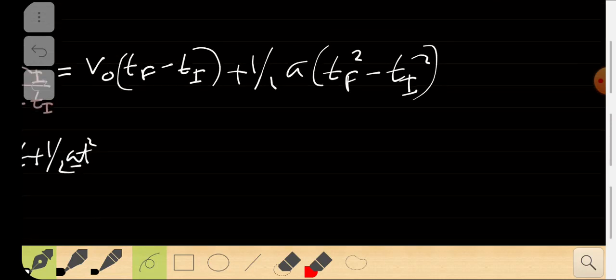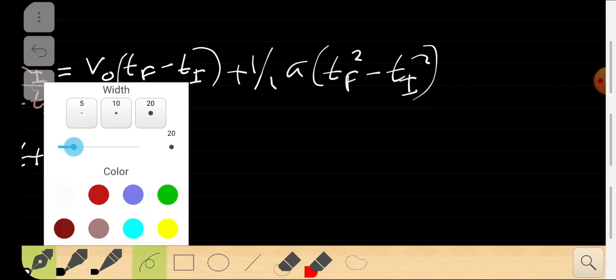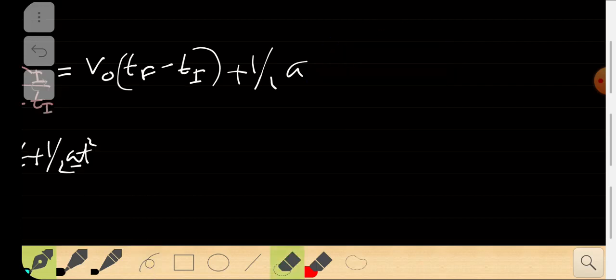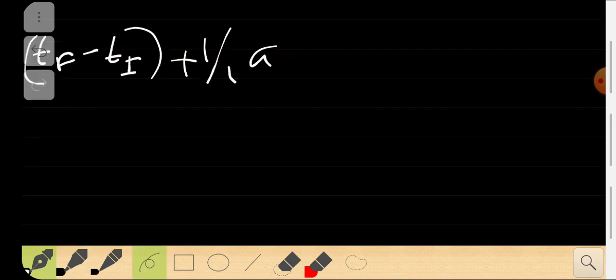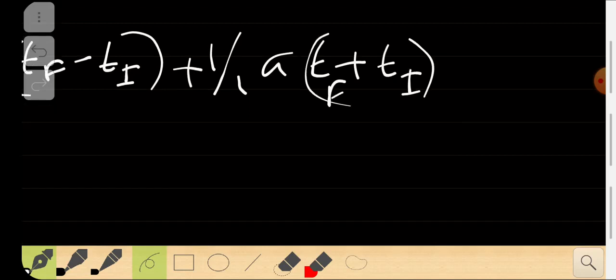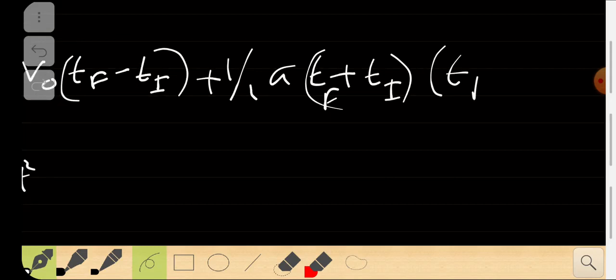Now you can replace the t final squared minus t initial squared using a squared minus b squared equals a plus b times a minus b. So it's t final plus t initial times t final minus t initial.